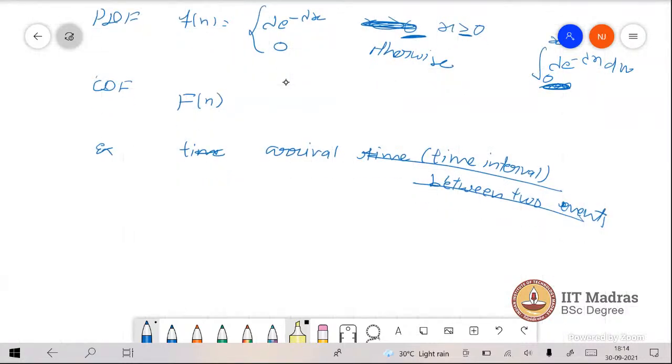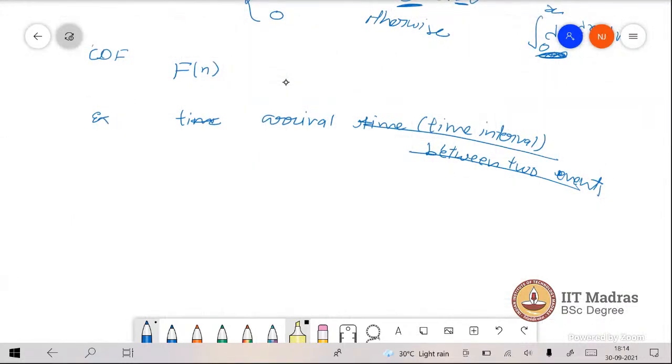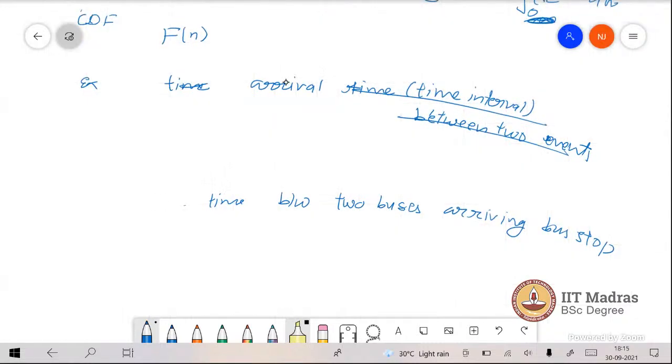Let's say the time between two buses arriving at a bus stop follows the exponential distribution, or say any Poisson process, the time interval between two events.